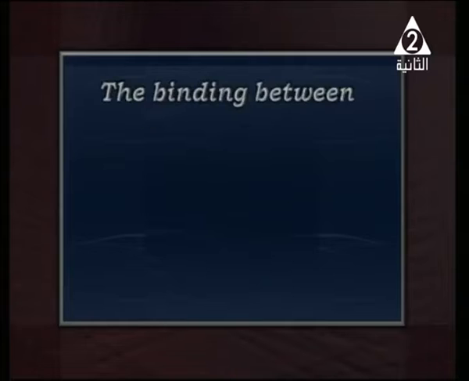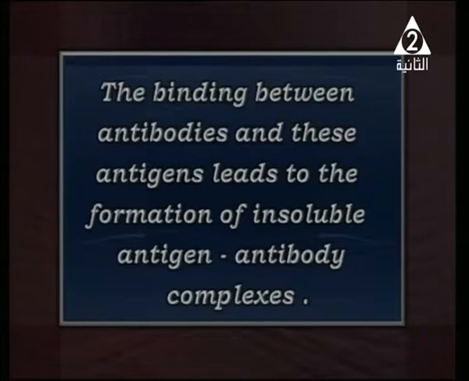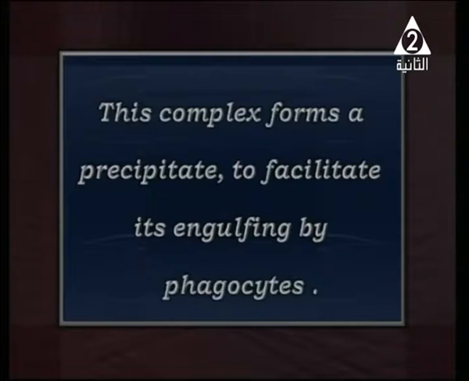Binding between the antibodies and these soluble antigens leads to the formation of insoluble antigen-antibody complexes. Insoluble means it doesn't dissolve. This complex forms the precipitate, or deposits, which makes engulfing and destroying by the phagocytes easier.